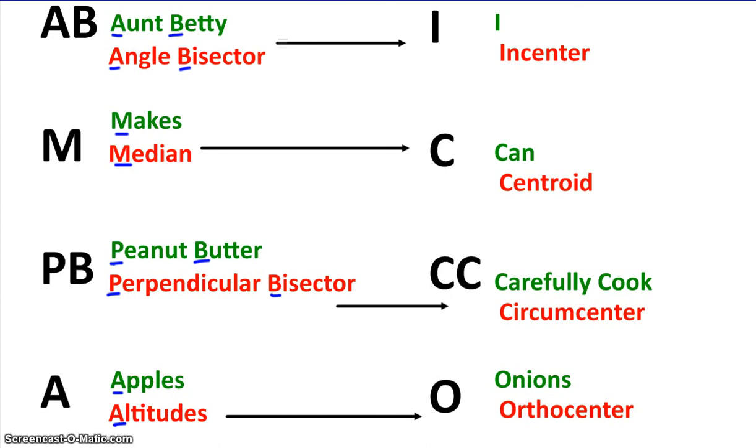Do you see where I'm going with this? I, incenter, C, centroid, carefully cook, circumcenter, and then onions. Now the reason I have two C's here is because you have centroid and circumcenter. Sometimes it would be difficult to remember which C goes with which one. So I always did carefully cook, circumcenter.